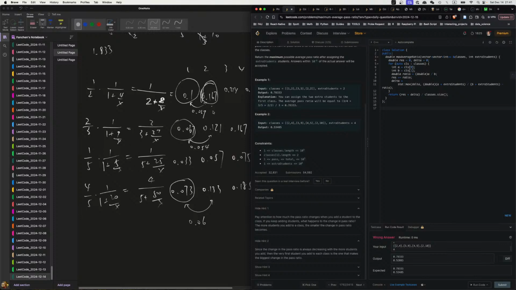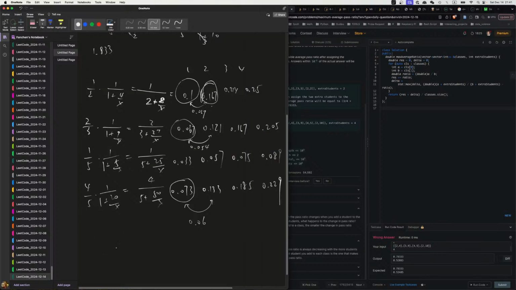So the number to add. Basically we're gonna do index and number of students added. Based on the number of students added, I can know the difference, right?